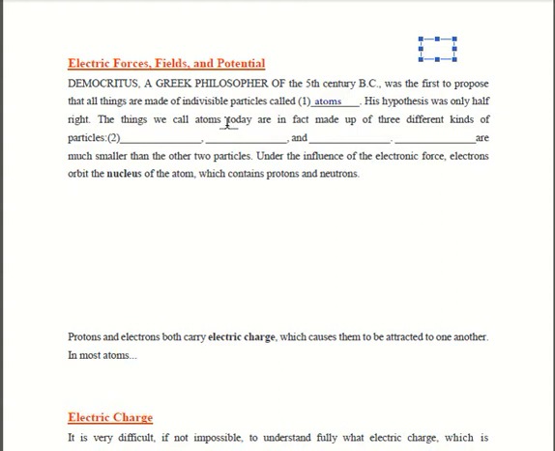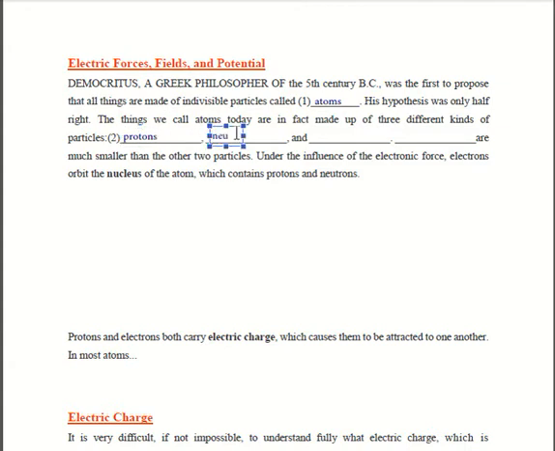So the things that we know are atoms today are made up of three different pieces. So he's right that these things were made up of smaller pieces, but even those smaller pieces have some smaller pieces. So what makes up an atom? Well, like I just said, protons.